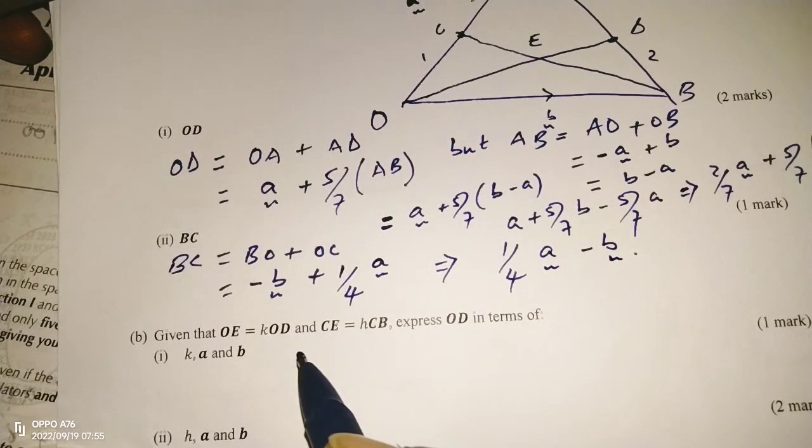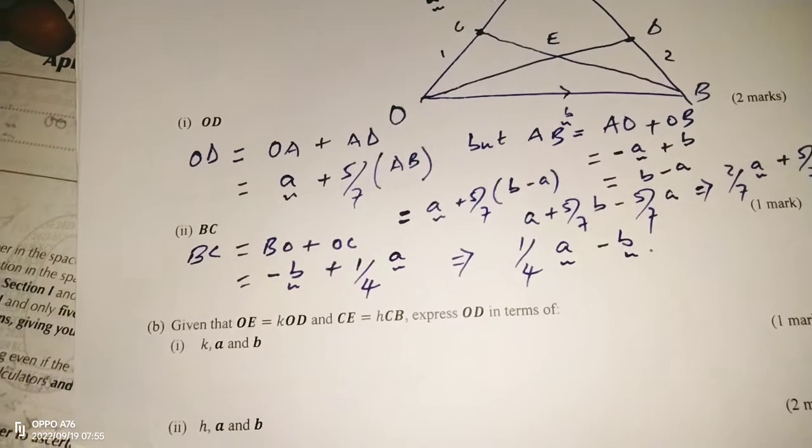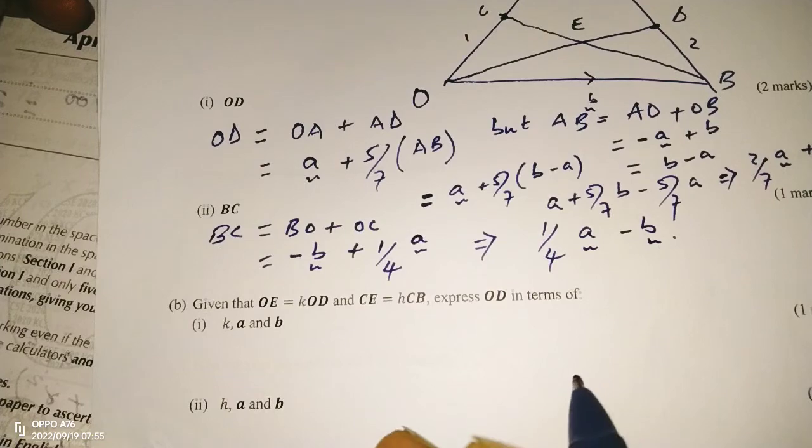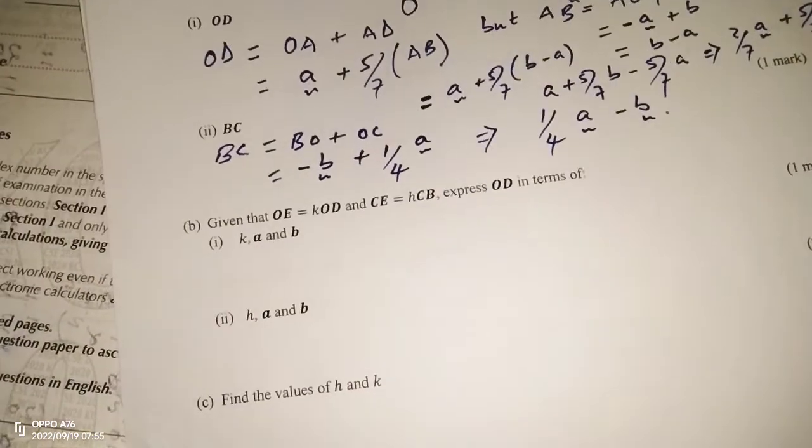Given that OE equals K OD and CE equals H CB, we are going to express OE in two ways.